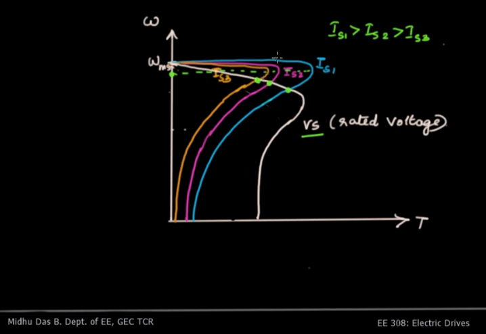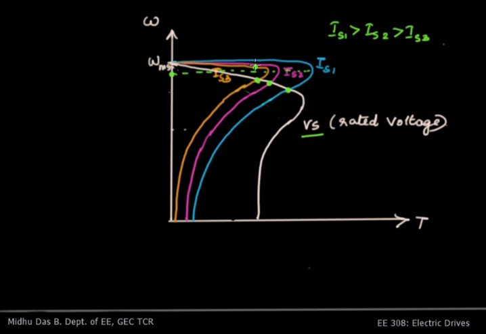So it is preferred to operate the machine at these points as it is operating at its rated value of air gap flux. Please note that this point is along the unstable region of the torque speed characteristics. If you consider another point here, the torque is the same at these 2 points. This point is a stable point compared to this point.